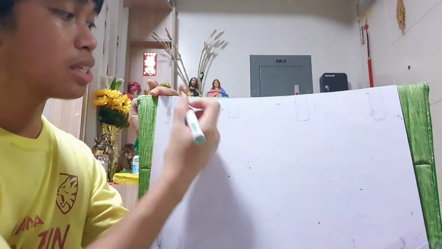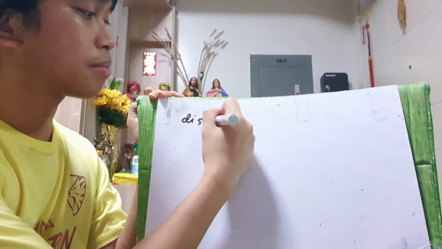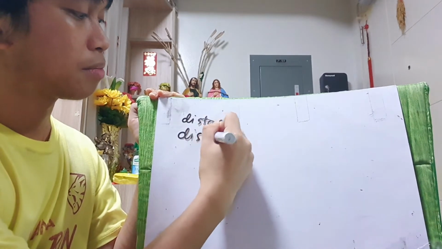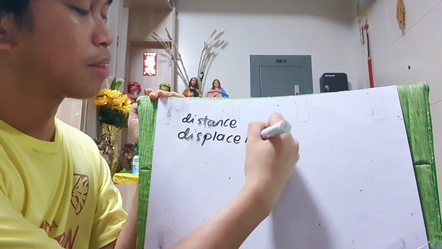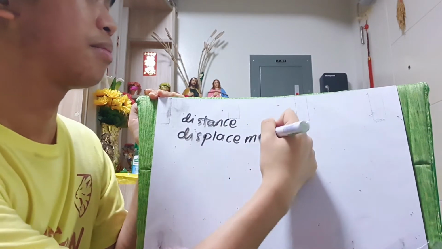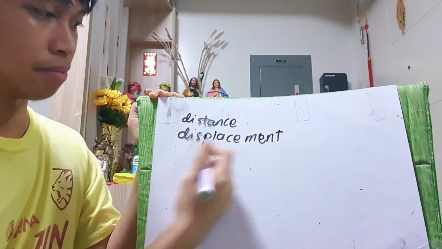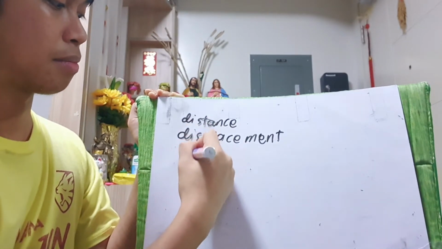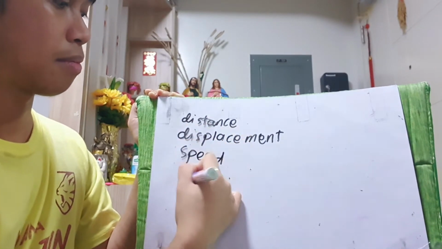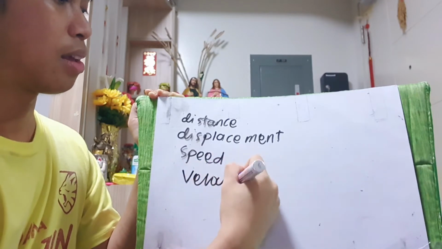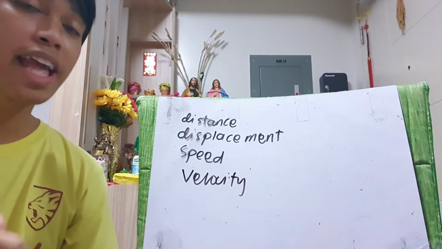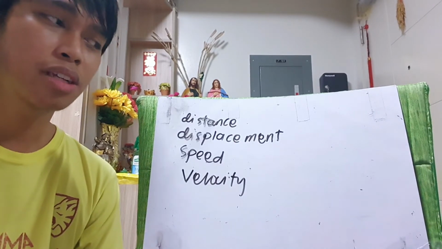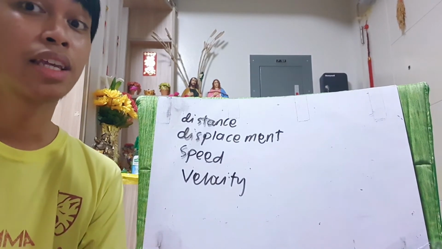First is distance, displacement, as well as speed and velocity. Let us first discuss what is distance and what is displacement.